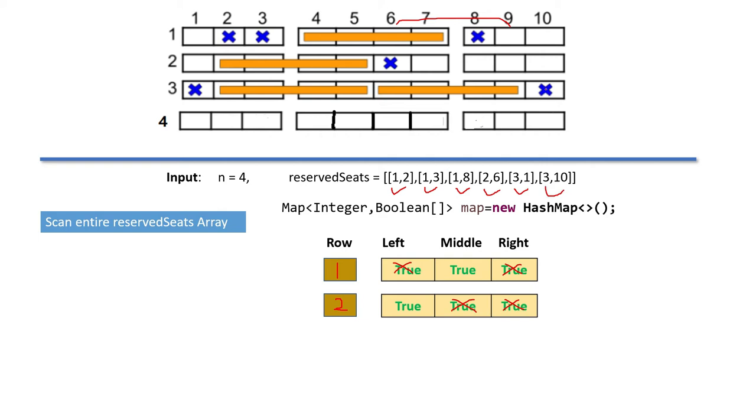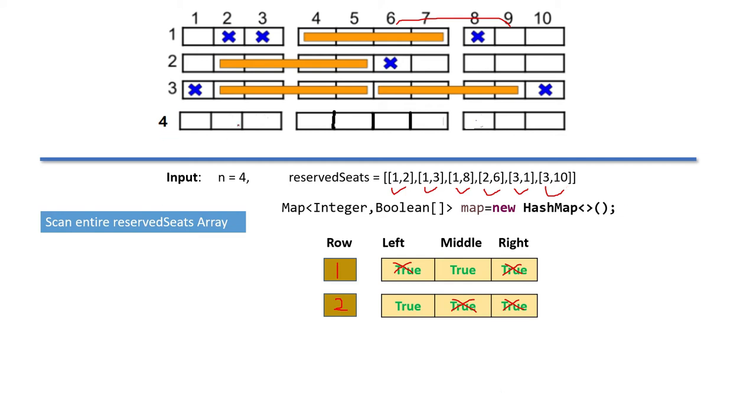Seat number 10 is blocked, but for seat number 10 also there is no effect, right? So we will skip. If you see here, for 3, we created no entry. If at a later point of time we get an entry like 3 comma 5, then we can consider it. But if we get seat number 1 or seat number 10 blocked, straight away we will skip that part.